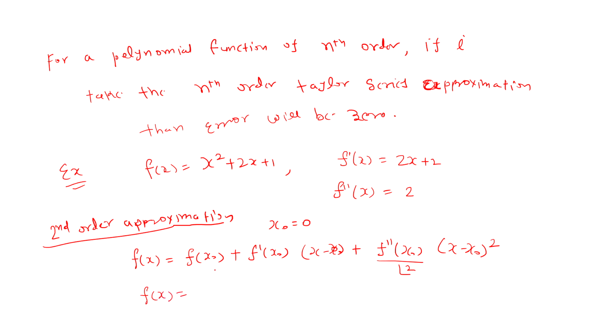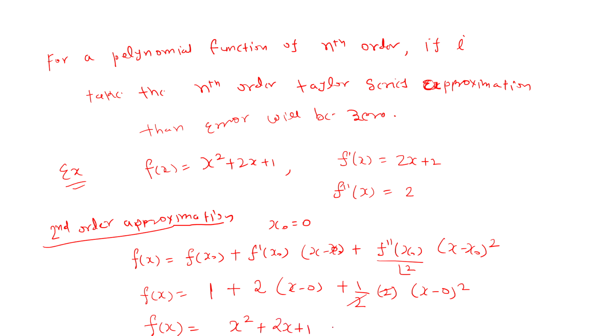What is f of 0? f of 0 is 1, plus f prime 0 is 2 times x minus 0, plus 1 upon 2 times f double prime 0 which is 2, times x minus 0 to the power 2. Then this 2 and 2 will cancel out and it will become x square plus 2x plus 1.